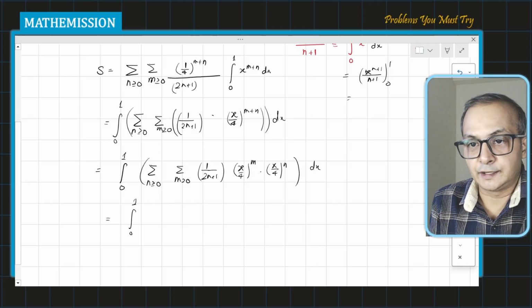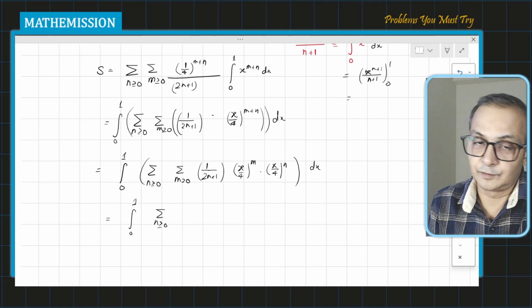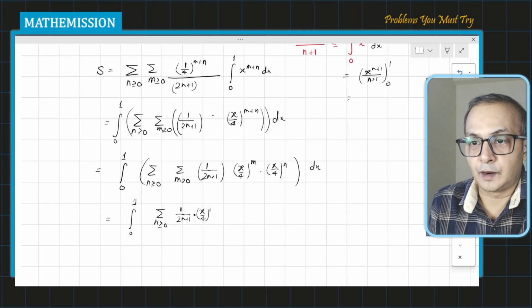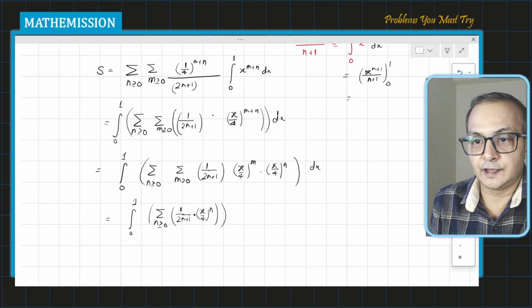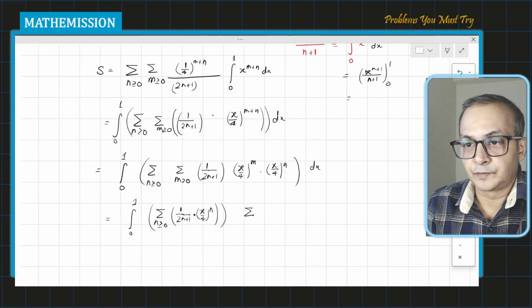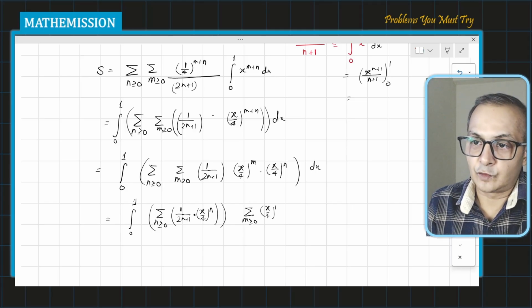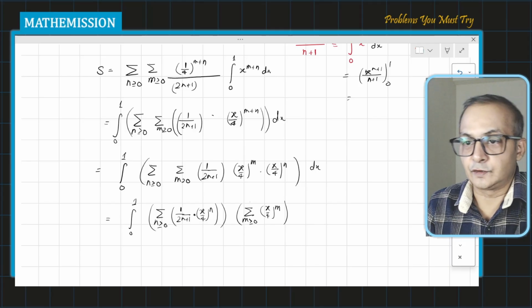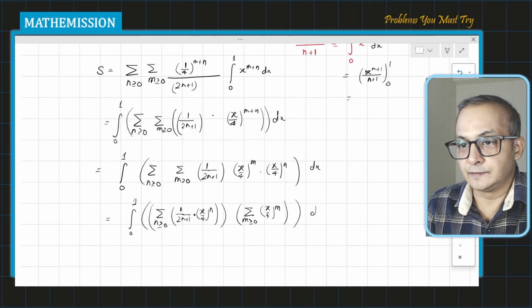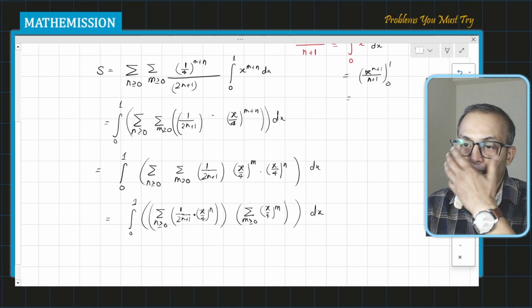So here I'm writing the summation n running from 0 to infinity, and I'm taking 1 by 2n plus 1 with x by 4 to the power n. This is one summation I have. Second summation, m goes from 0 to infinity, x by 4 to the power m, and whatever result comes, again I'm going to integrate it.